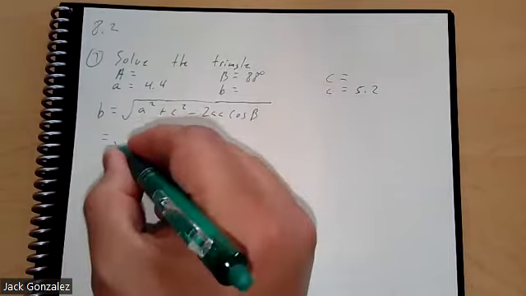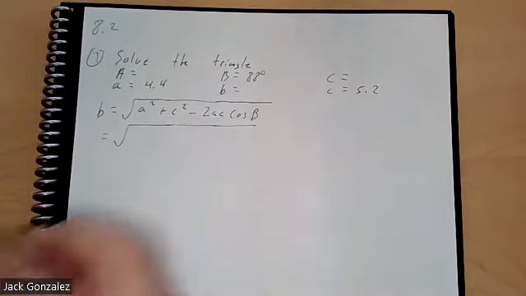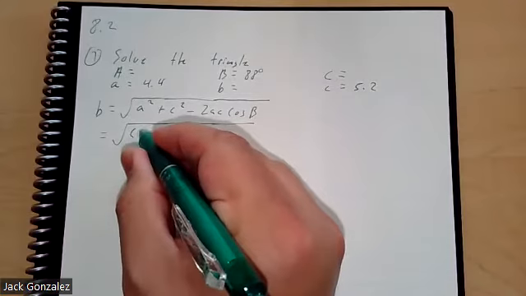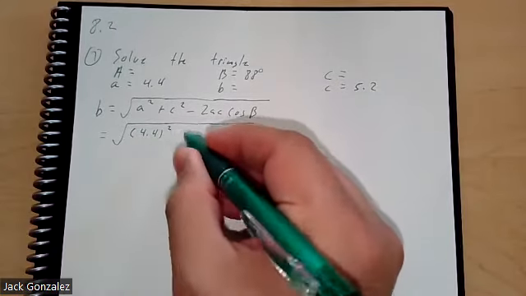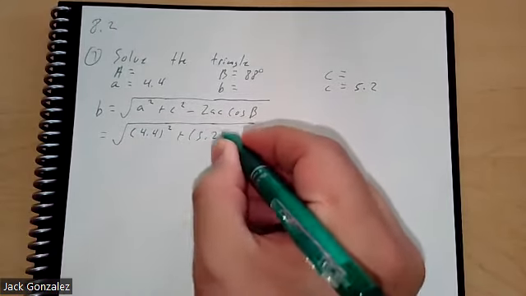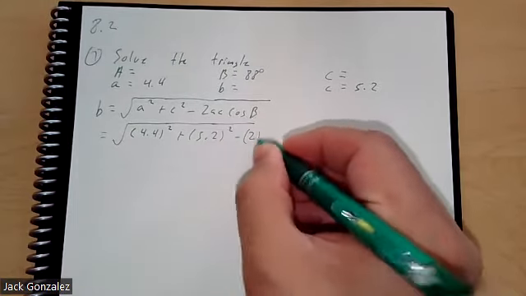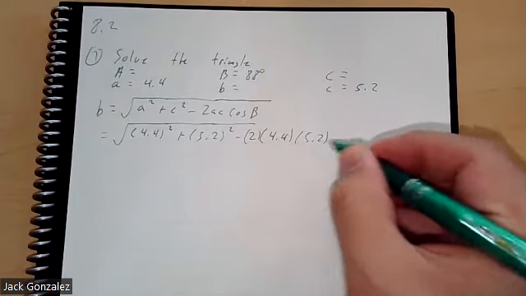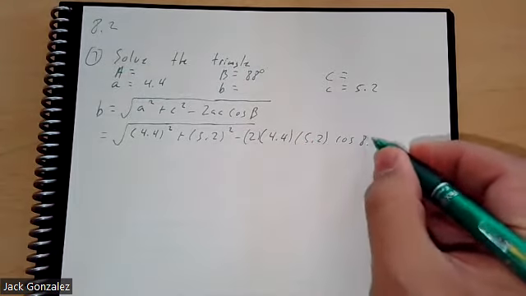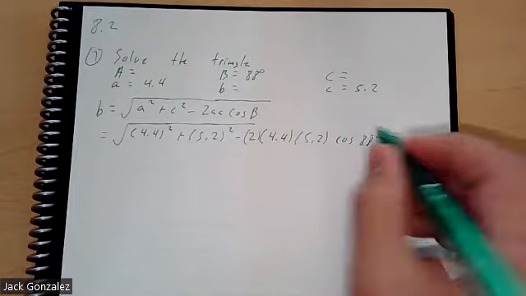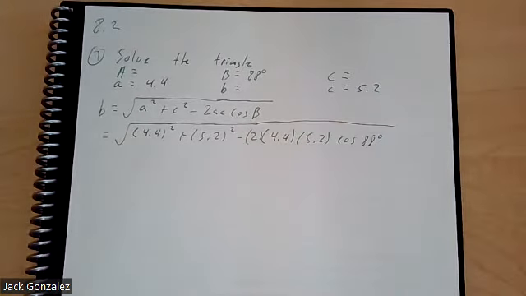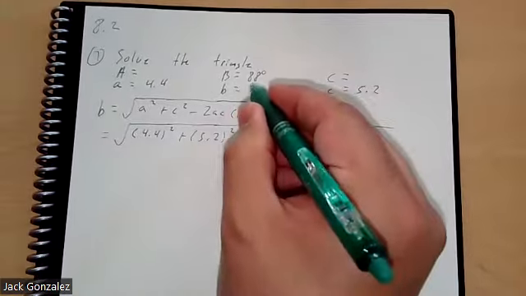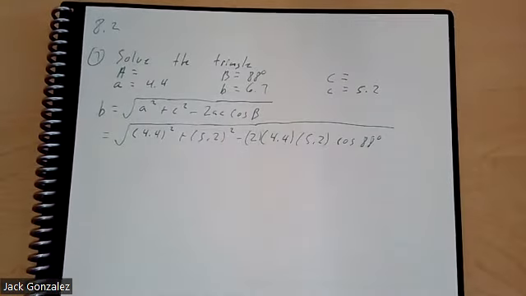So that will be 4.4 squared plus 5.2 squared minus 2 times 4.4 times 5.2 cosine 88. I think it's 6.7. Just double check me.